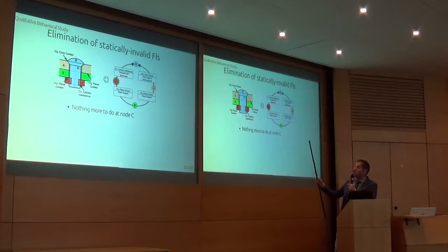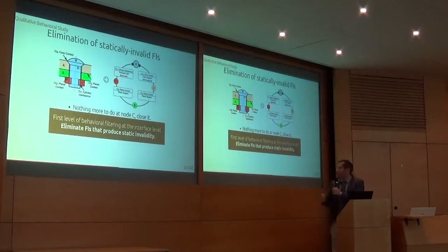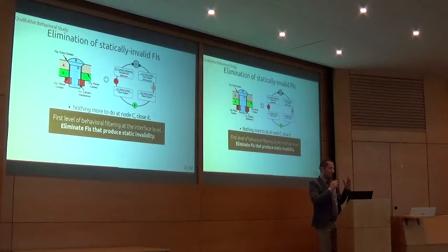There's nothing more to do at component C because all its interfaces have been functionally determined: one functional interface per conventional interface. So the component C is then closed, and we move on to the next component using our heuristics, and so on. This defines a first level of filtering that eliminates a considerable amount of functional interfaces.